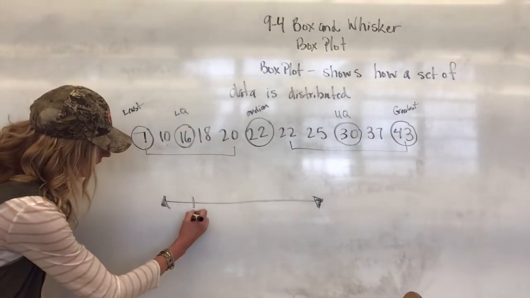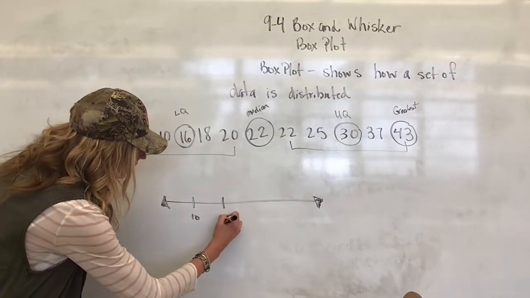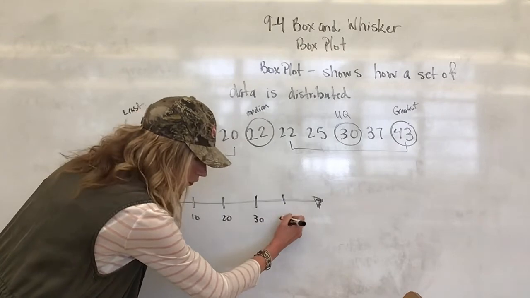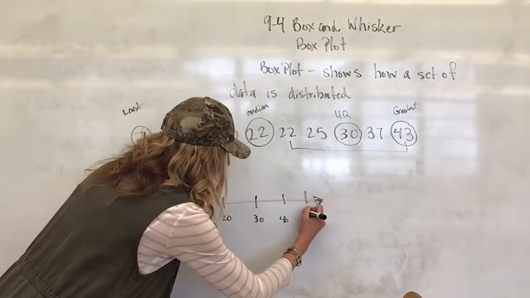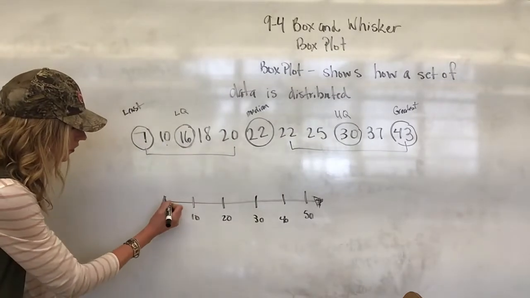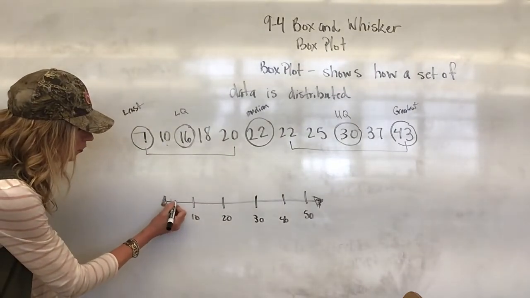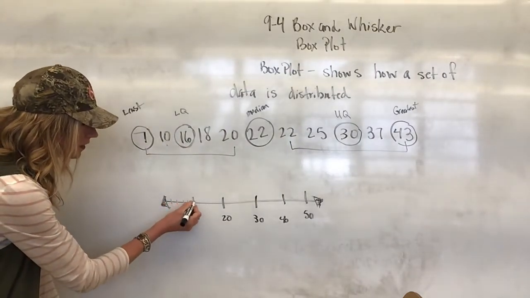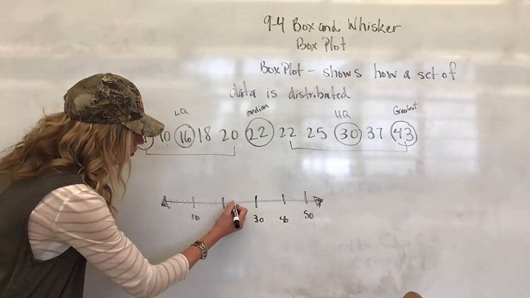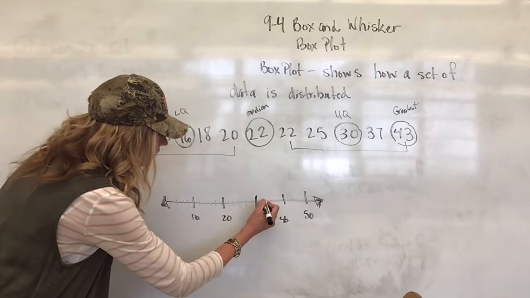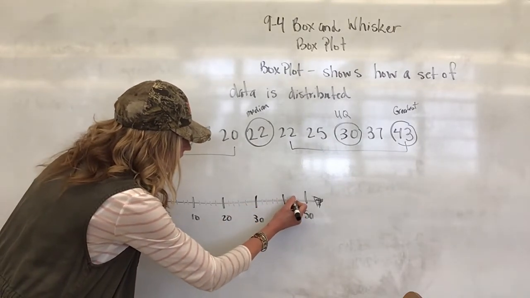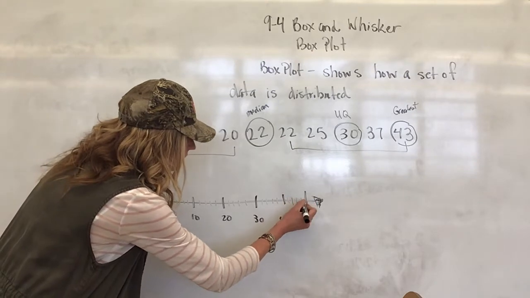So, okay, so let's say we had 10, 20, 30, 40, 50. We got to get to 43, so that makes sense. So then they made everything like 2, 4, 6, 8, 10, 12, 14, 16, 18, 20, 22, 24, 26, 28, 30, 32, 34, 36, 38, 40, 42, 44, 46, 48.